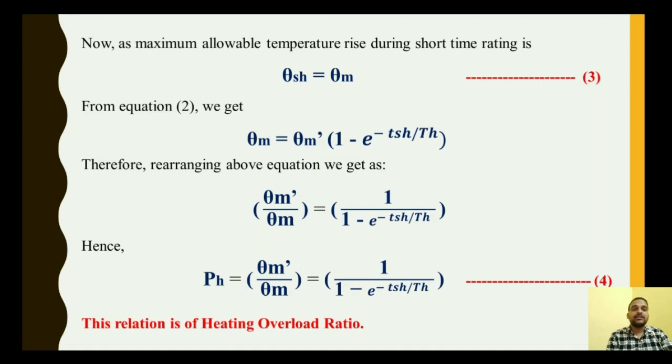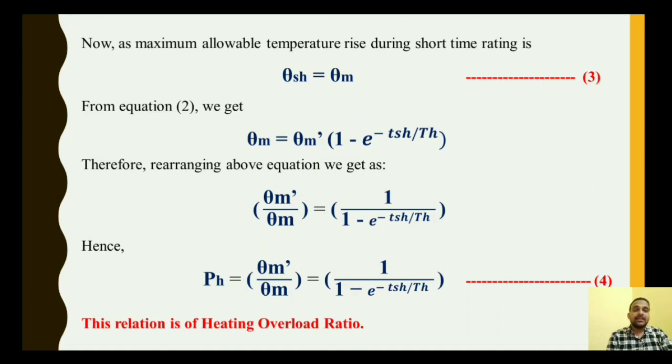So from equation 2, instead of theta sh we put theta m, that is theta m equals theta m dash in bracket 1 minus e to the power minus tsh upon th. So theta m will be equal to theta m dash in bracket 1 minus e to the power minus tsh upon th.